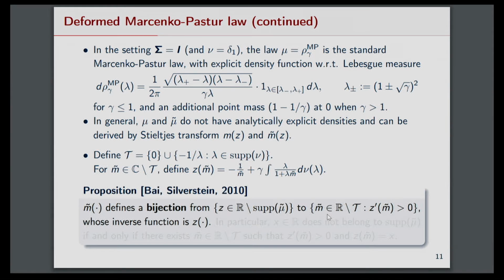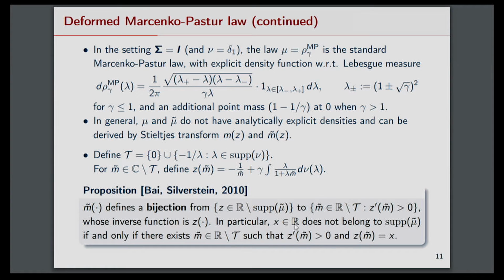As I mentioned, we can view the second equation, the fixed point equation of m tilde, as an inverse function. So given the set T, we can define this z transform as the inverse transform of m tilde. It is well defined on this subset, and it turns out m tilde is a bijection on this subset.